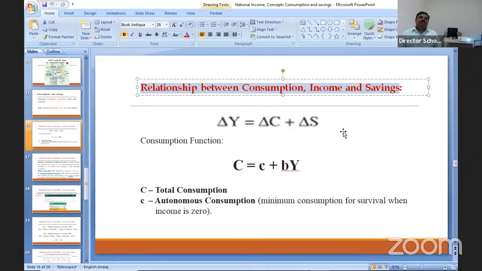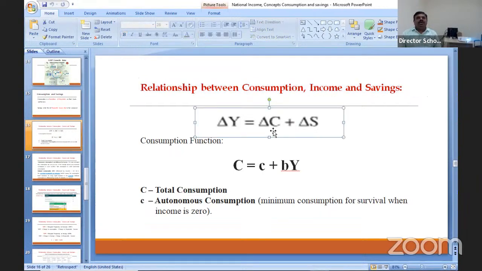There is a specific relationship between these three variables. So what is the relationship? Income is equal to consumption plus savings. For example, if we consider the income of any person, that is 100 rupees, and the person makes 80 rupees of expenses as consumption, which means the person has 20 rupees of savings.